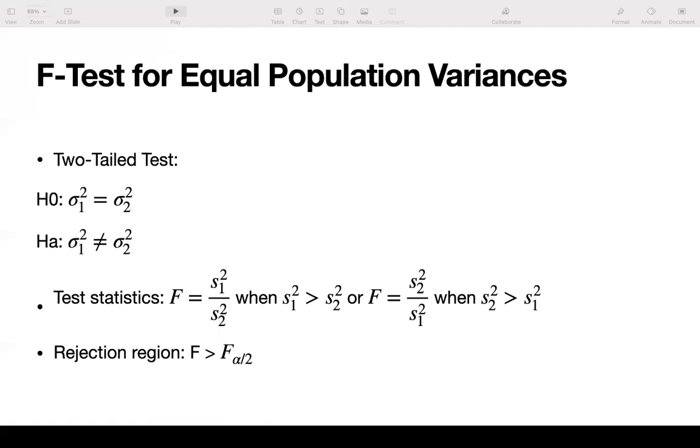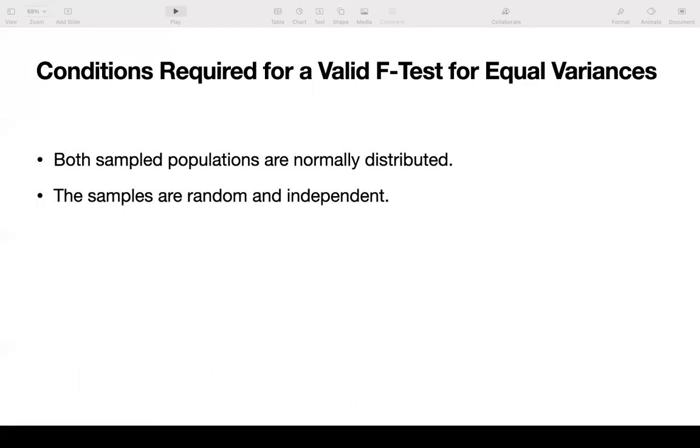The rejection region is such that F is larger than F alpha divided by 2. Here are the conditions required for a valid F test for equal variances: both sampled populations are normally distributed, and the samples are random and independent.